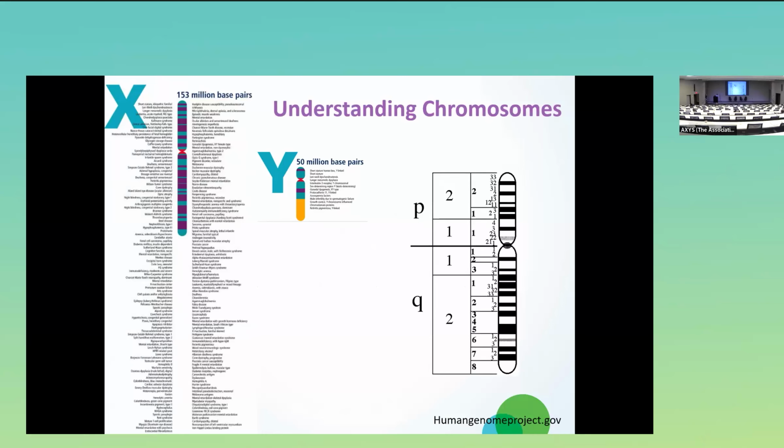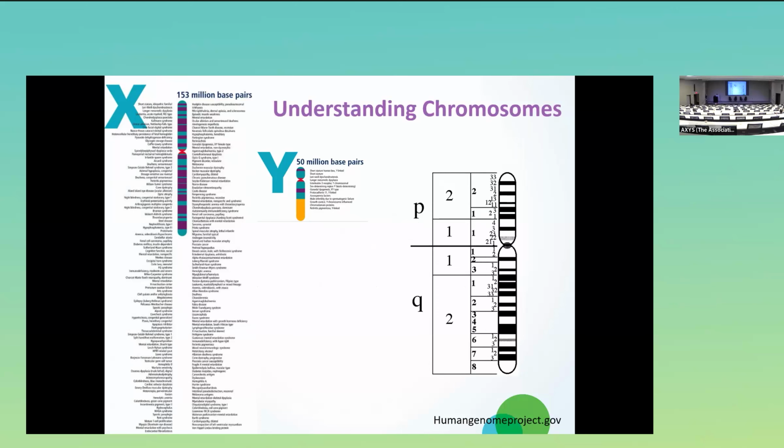And when we're understanding chromosomes and what it means to have an extra X or an extra Y, not only are we studying the structure of the chromosome from a karyotype or a microarray, but then recognizing that the DNA comes in base pairs, the X chromosome having 153 million base pairs. And you're not supposed to be able to read this slide. That's actually by design, but this is a list of conditions that can be affiliated with mutations on the X chromosome, right?